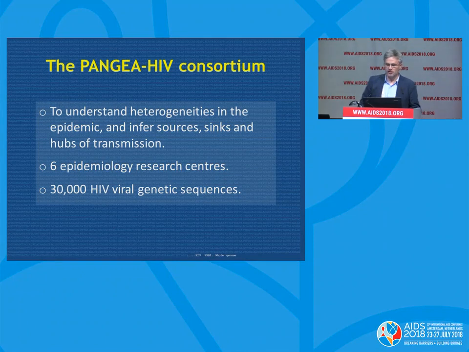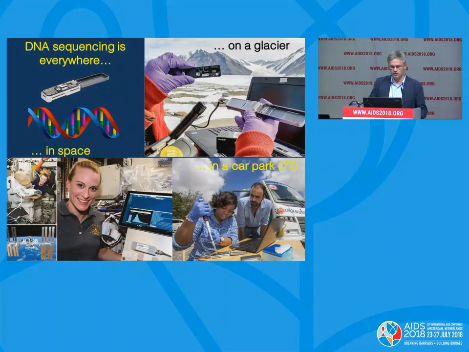We have 6 epidemiology research centres, centres with very well-characterised populations. Some of them are doing test and treat trials, and a lot of them are doing field epidemiology. We've so far generated about 15,000 HIV viral genetic sequences, and we're going for 30,000, and our aim is to understand the heterogeneities in the epidemic and infer sources, sinks, and hubs of transmission.